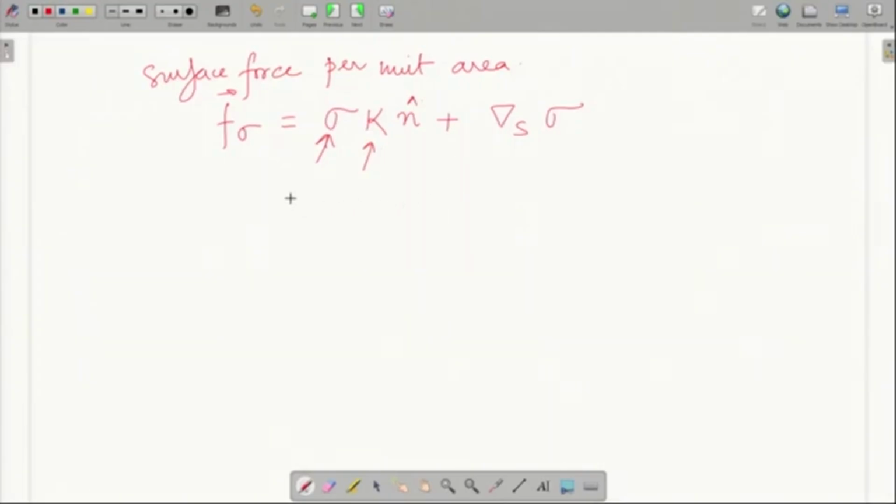usually when you have a constant surface tension, that would lead to a simplification of the expression, in the sense that the second term will then go to 0.